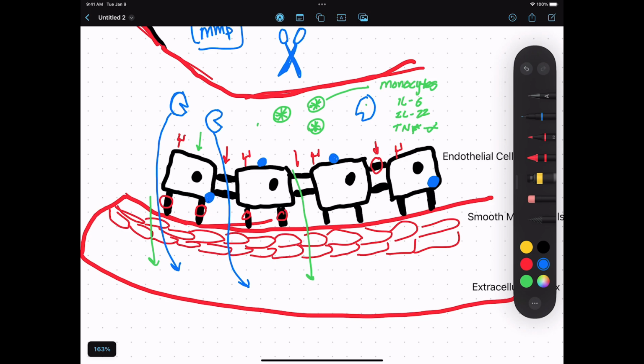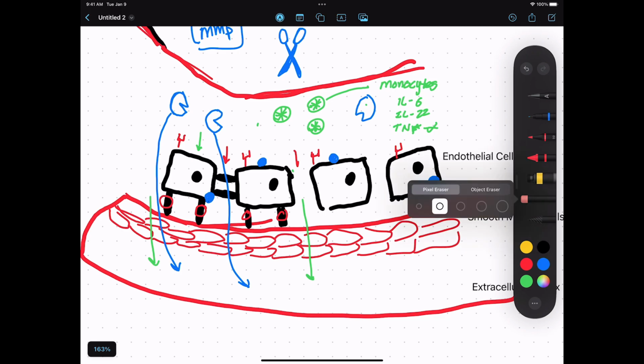The other thing they're going to do is chew up some of these adhesion molecules. So we can get MMP erasing that, erasing some of these anchors down here, over here, like this. What begins to happen now is that if inflammation and MMPs clear the way, this is what they'll do.